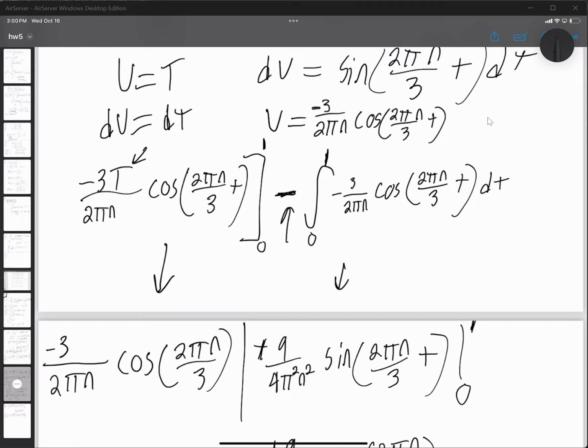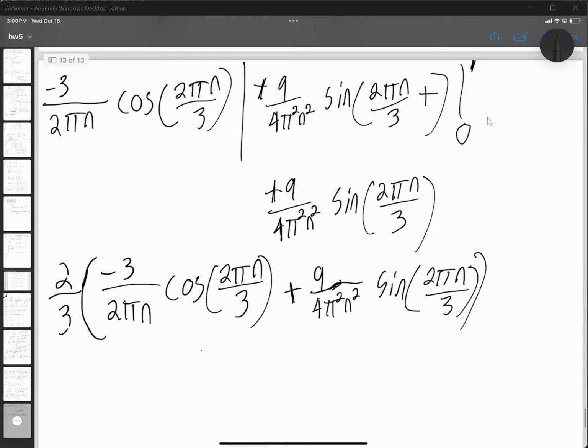Because it goes as u times v minus the integral of v du. That's integration by parts. And this should be b of n, at least I'm pretty sure.